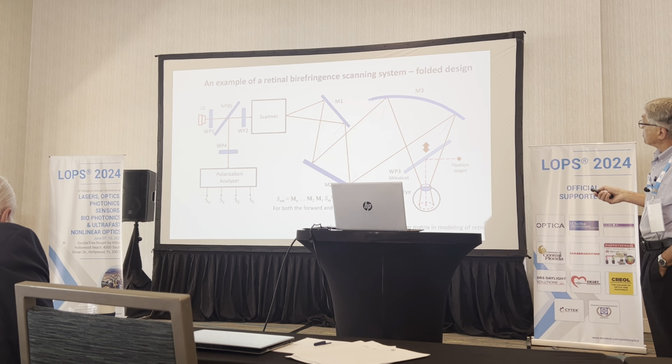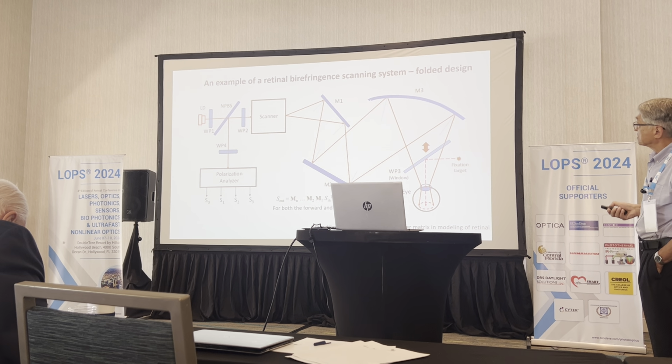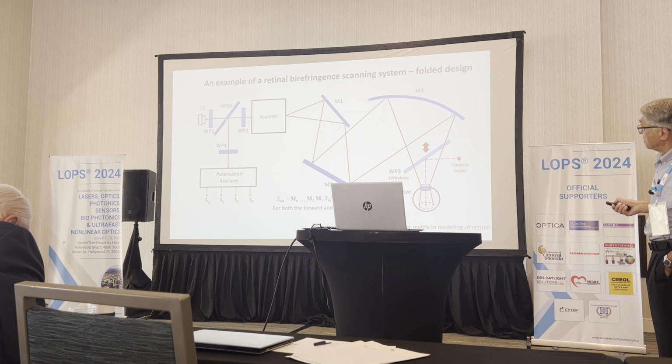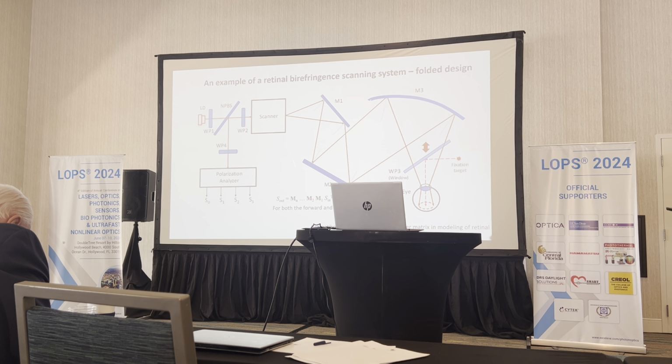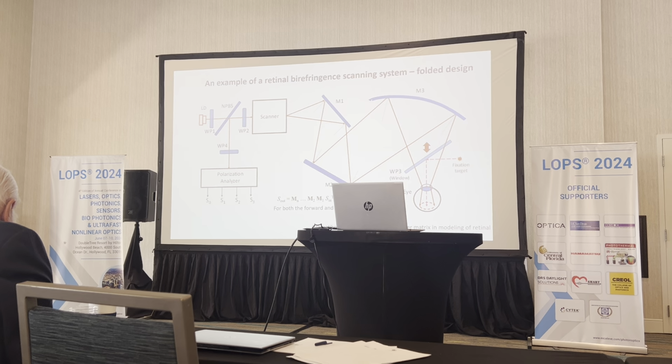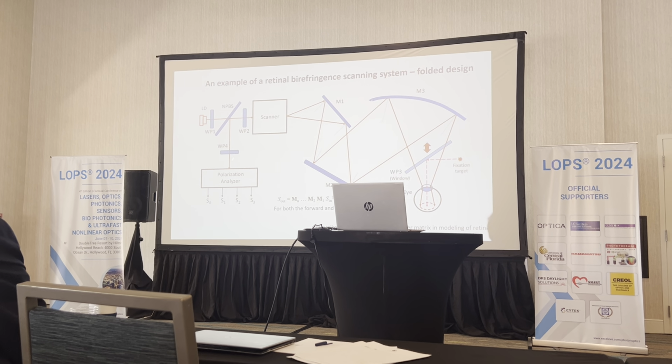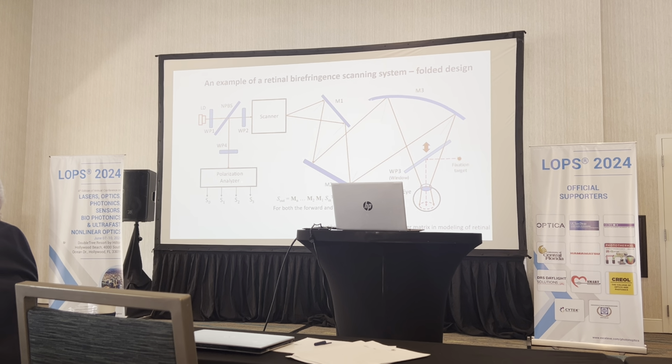This is an example of a retinal birefringence scanning system where you have a laser diode, and then you have a scanning system. That's a little bit exaggerated, but this can easily happen. And you go through a system of mirrors, you go into the eye, the signal goes back the same route, and you measure the polarization changes, ideally with a polarization analyzer, which is basically a polarimeter.